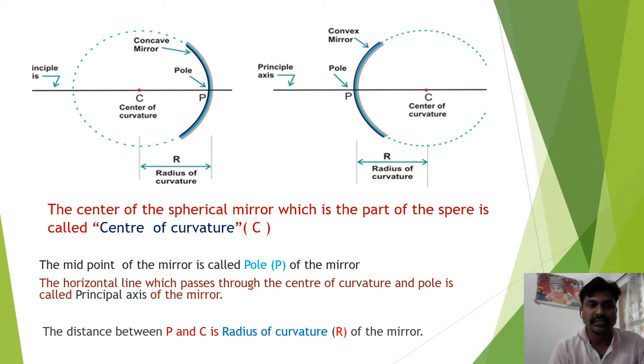The line that is passing through center of curvature and pole, that is called as principal axis. In two figures you can see the principal axis. The distance between pole of the mirror and center of curvature, that is called as radius of curvature, that is denoted by capital letter R.